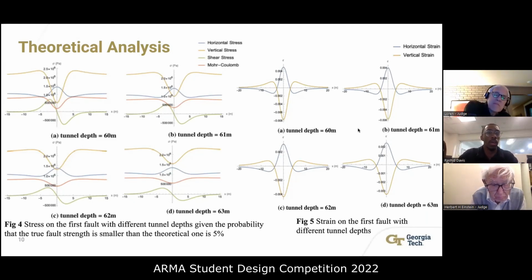We can see that on the fault, for the tunnel depth equal to 60 and 61 meters, the shear stress is over the red line. This actually indicates that a failure is happening on the fault. And for the tunnel depths of 62 meters and 63 meters, the green line is below the red line. So this is not over the failure stress.